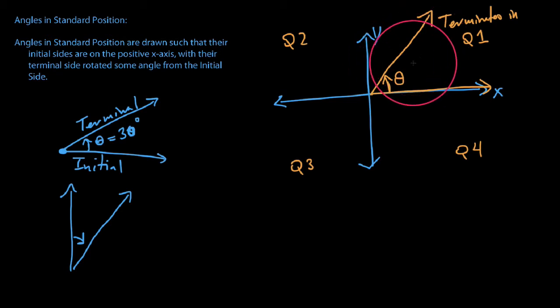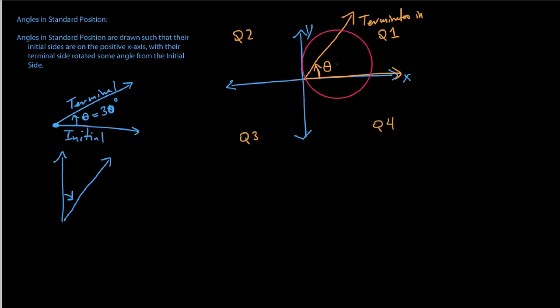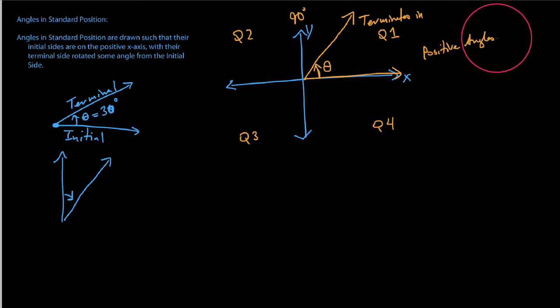Also, we could say that this angle theta is less than 90 just the way we've got it drawn, but we notice that it's gone counterclockwise less than 90. So I'm going to label this one 90, and we'll get back to why in a second. We say positive angles rotate counterclockwise.